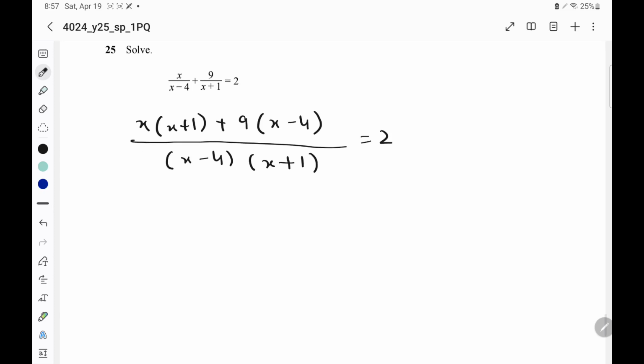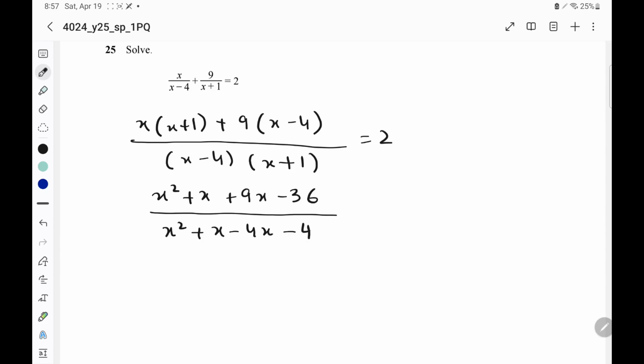Now multiply exponentially. So that is x square plus x plus 9x minus 36 upon x into x plus 1, x square plus x minus 4x minus 4. Alright, then equals to 2.